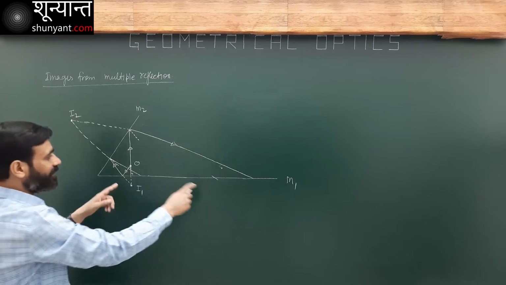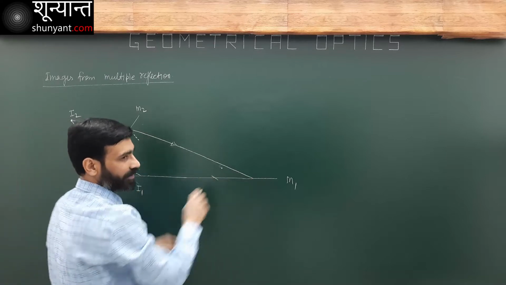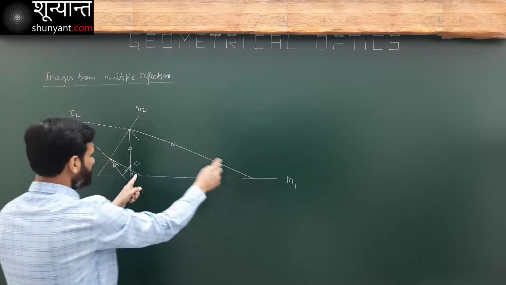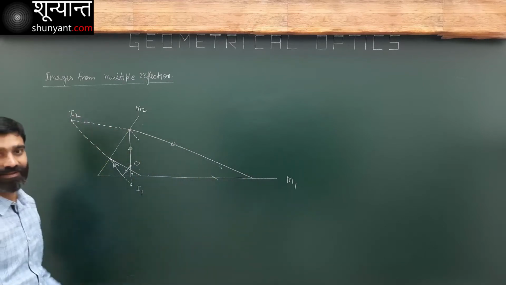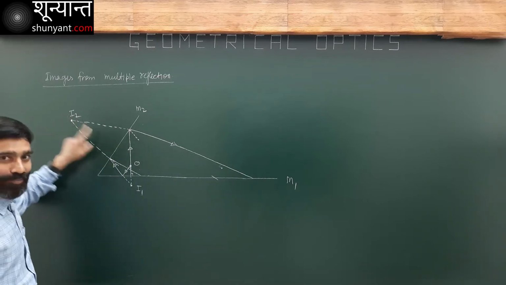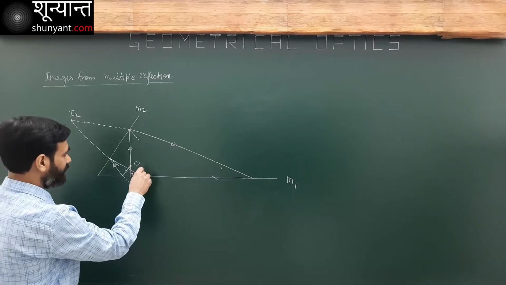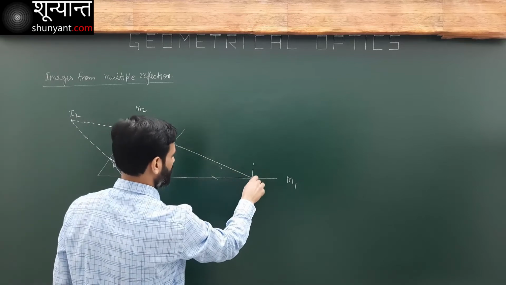Now this mirror again. These light rays will hit M1 again. Now this mirror M1 will think that these two light rays are coming from this point. There is something. So now this image becomes an object for M1, the first mirror, and then it will create an image like this.